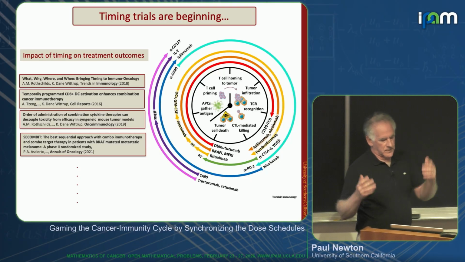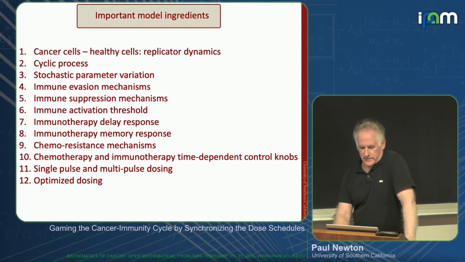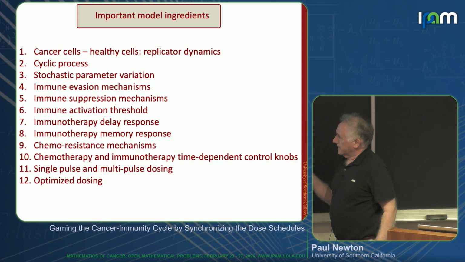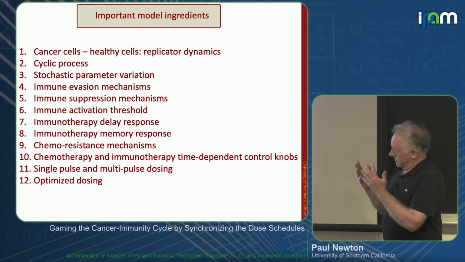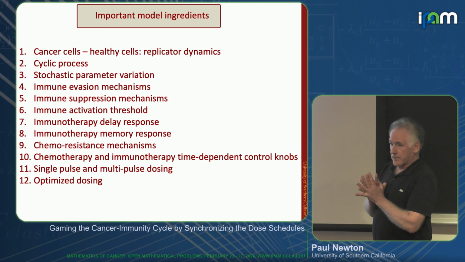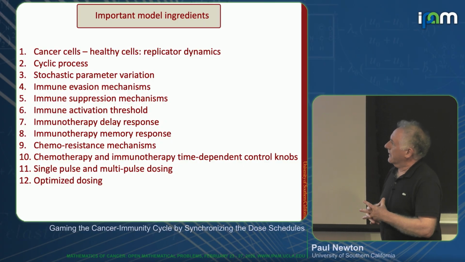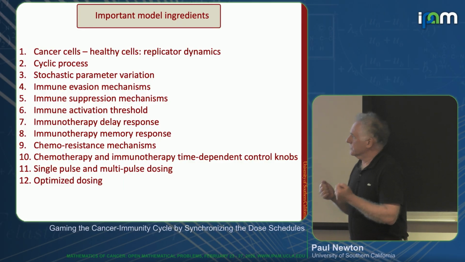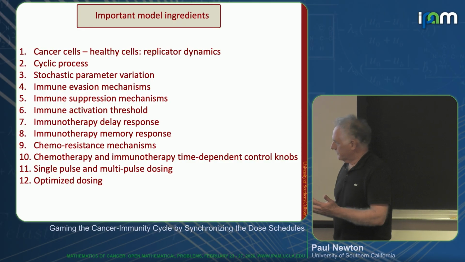So there are certainly challenges, but it is beneficial to do that. I think there's a lot more to learn from these kinds of models on the kinds of things that are possible. Let me wrap it up and say that there are some important model ingredients here. One is that it's based on cancer cell, healthy cell replicator dynamics. It's a cyclic process. There's stochastic parameter variation. There are immune evasion mechanisms, immune suppression mechanisms, and an immune activation threshold.